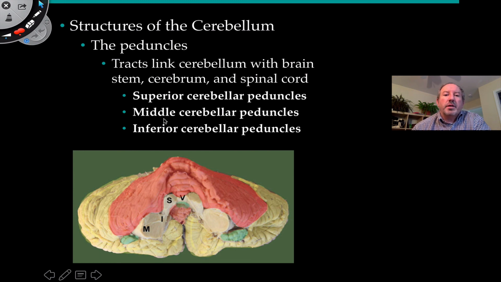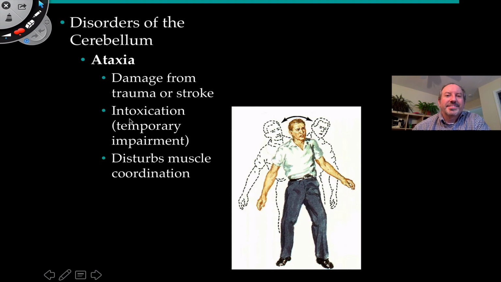And they're sort of broken up into three sections: superior, middle, and inferior peduncles. You can see they're superior, inferior, and middle cerebellar peduncles.